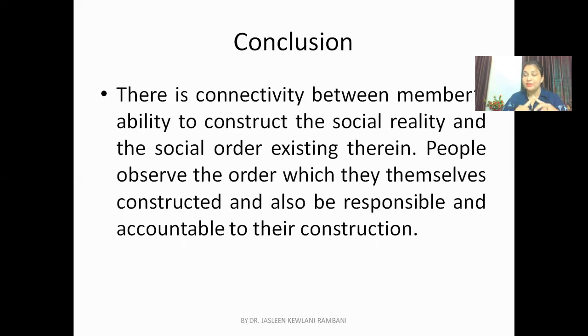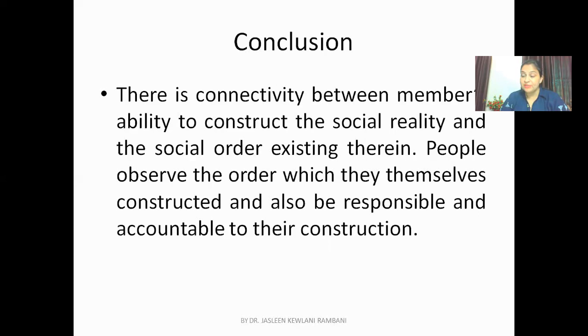We have learned in ethnomethodology and also in phenomenology that the social order exists because of the abilities of the members to give meaning to it, to construct it, and to believe that it actually exists. People observe the order which they themselves constructed and are also responsible and accountable for their construction.